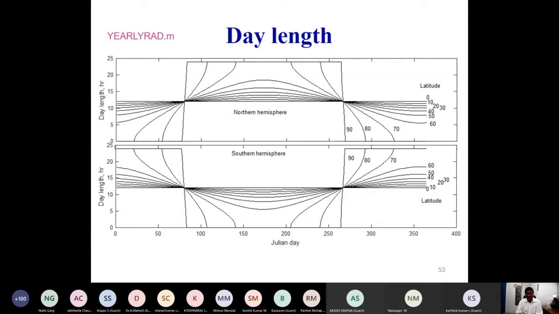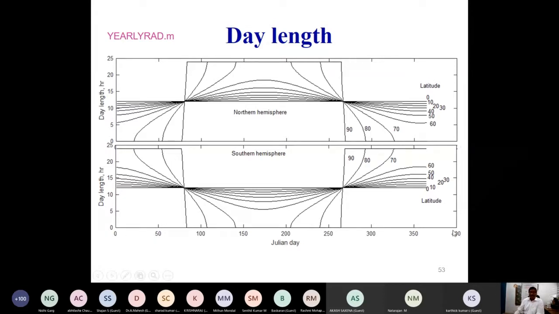And one more important parameter required in the design of solar tracking is the day length. The day length also changes from place to place. Now see the drawing. Since we are very close to the equator in South India, the day length is very close to 12 hours. It may fluctuate slightly, less than or more than 12 hours.